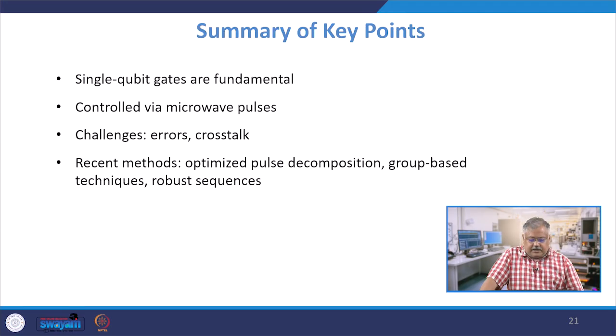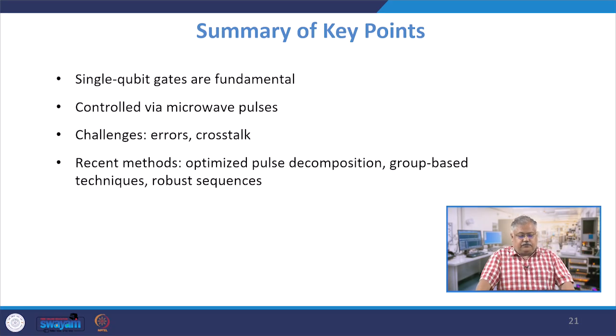So, let us summarize the main points. This is a single qubit we have controlled, using either microwave pulses or optical pulses. We looked into the challenges, errors and crosstalks.